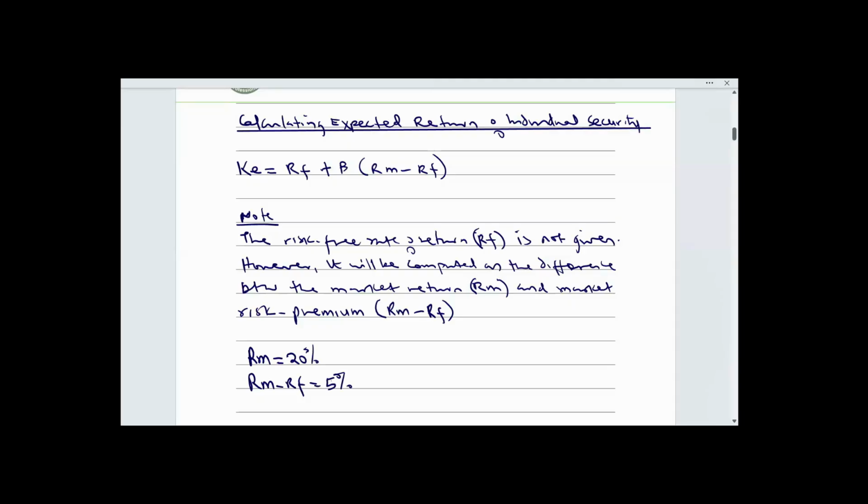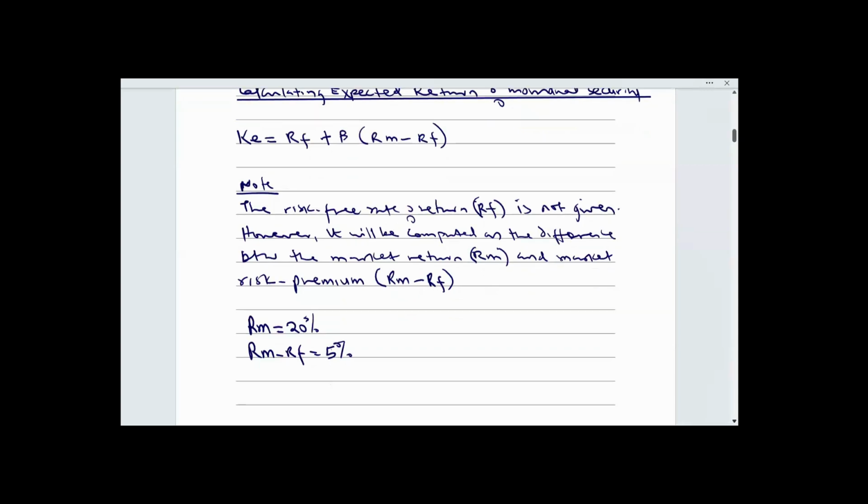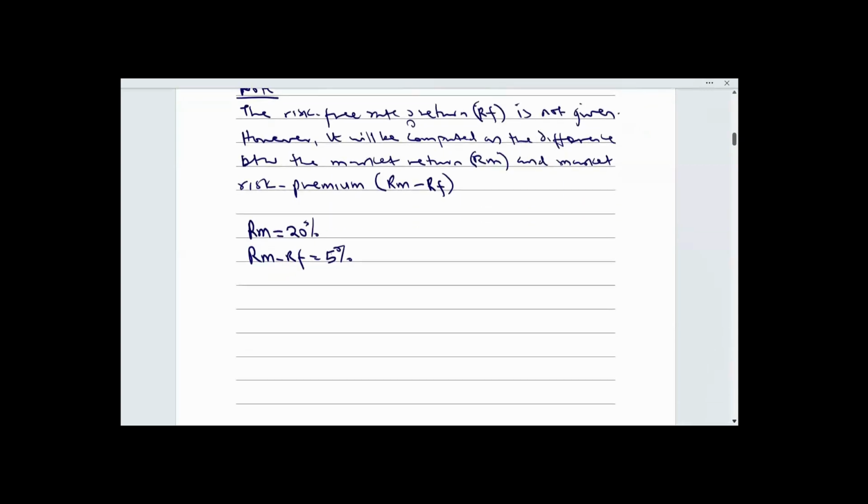Out of 3 variables, you have been given 2 variables. Therefore, you can always estimate the unknown variable. So the risk-free rate of return is equal to market return minus the risk premium, which is RM minus RF. So RF is equal to 20 minus 5, which is 15%.